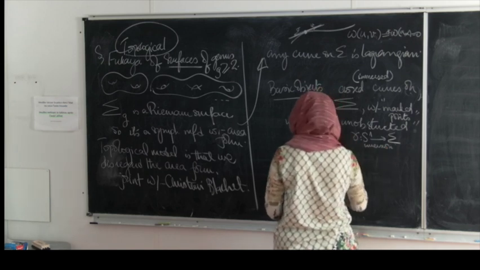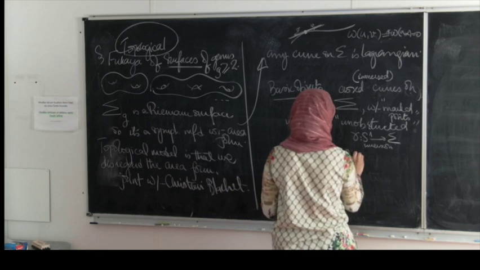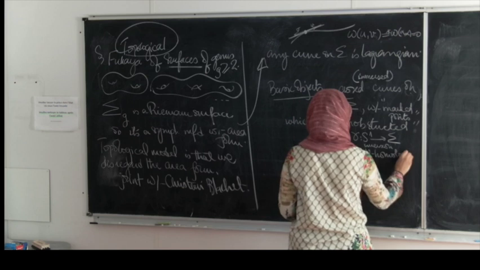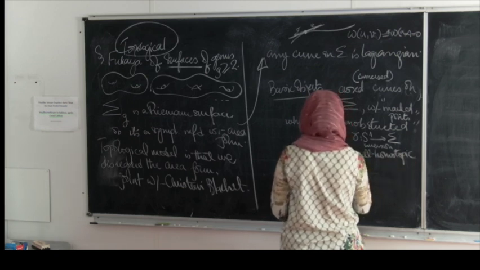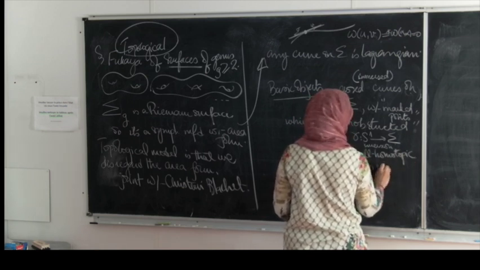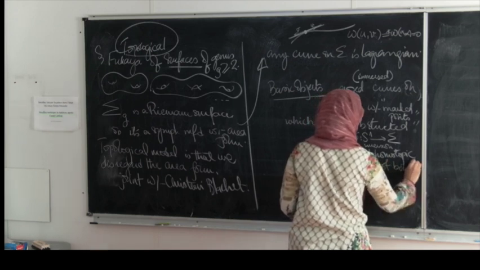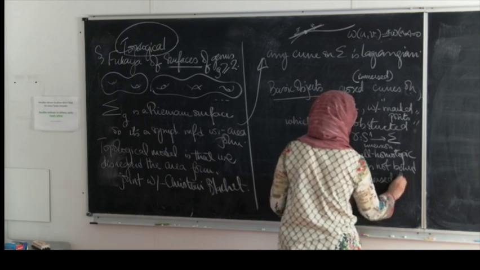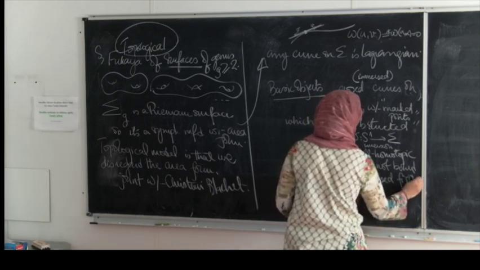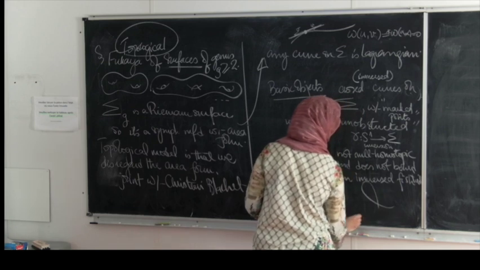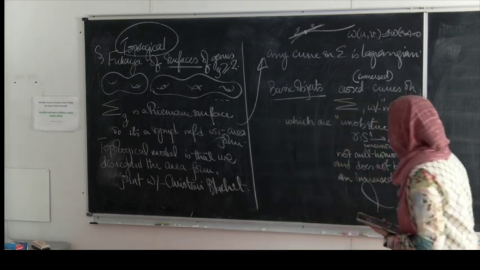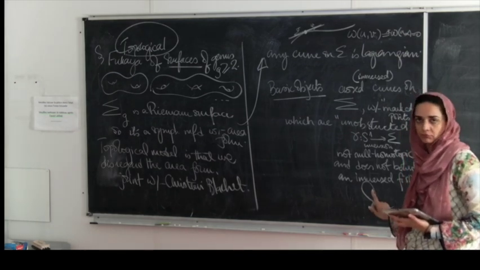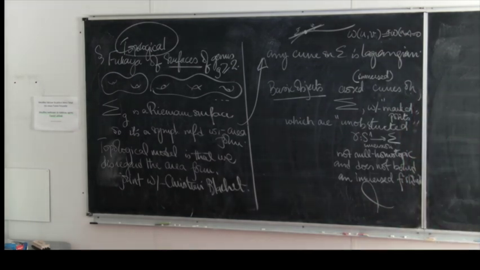Oh, sorry, I should say not null homotopic, and does not bound an immersed fishtail. What does that mean? This is what a fishtail looks like. So you don't have such a kink in your curve. All right, that's what unobstructed means.